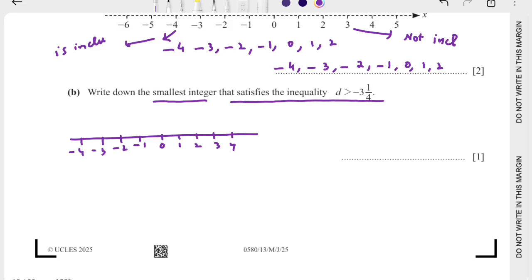So minus 3 whole number 1 over 4 would be here probably. So we have to take the immediate number after this, that would be minus 3. So minus 3 would be the smallest possible integer. Next question.